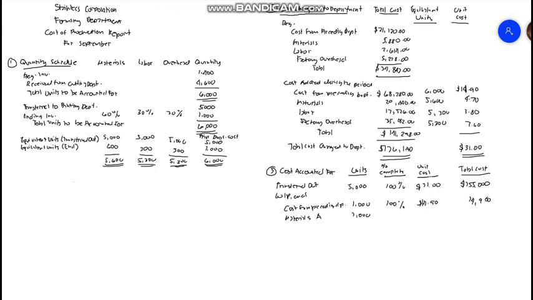Materials is 1,000 at 60% only, times 4.70, that's 2,820.